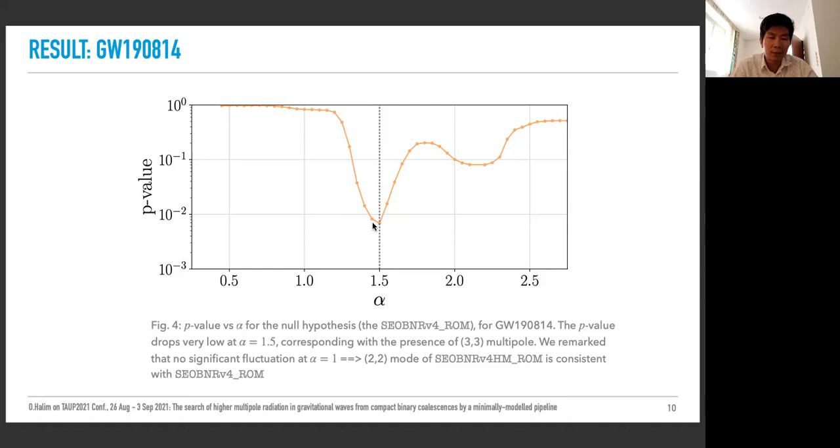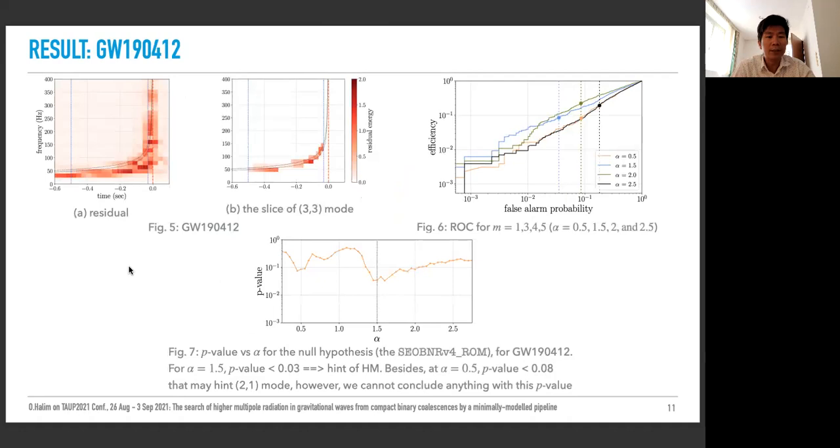In this case, we see the dominant multipole is basically only at alpha equal to 1.5, which corresponds to the 3-3 mode. Here we also notice that there is a slight fluctuation, but this slight fluctuation is very small, given the p-value is very high, which means that the waveform of CoBNR with higher mode is consistent with CoBNR without higher mode.